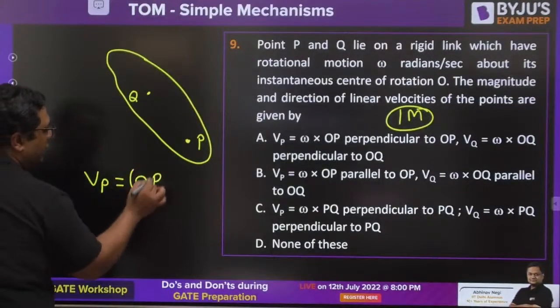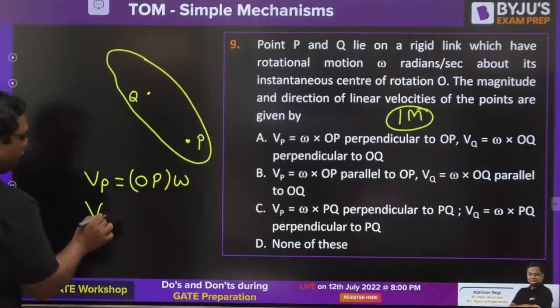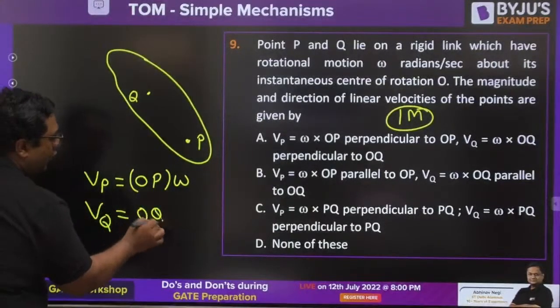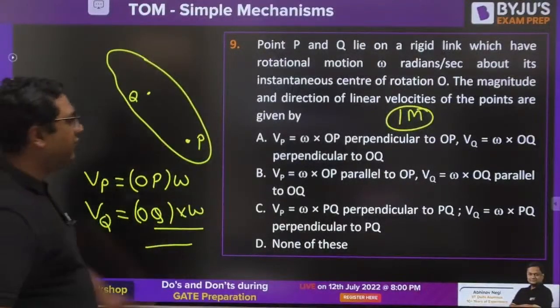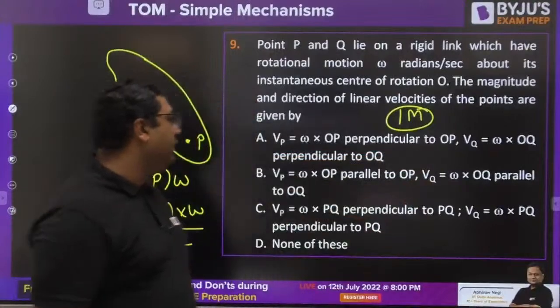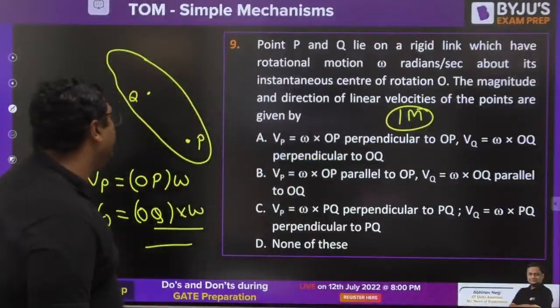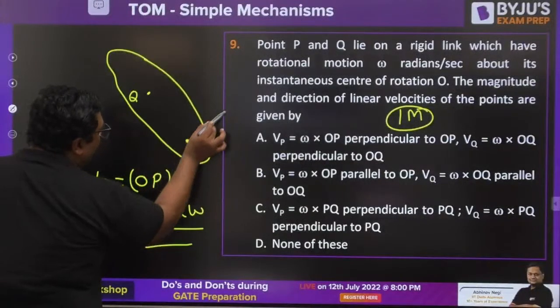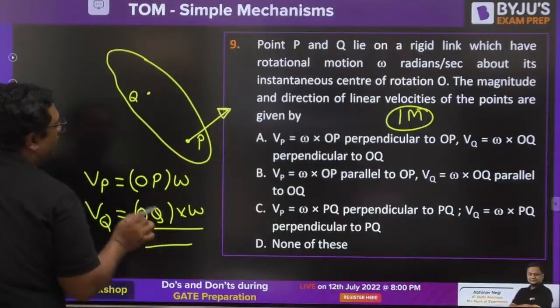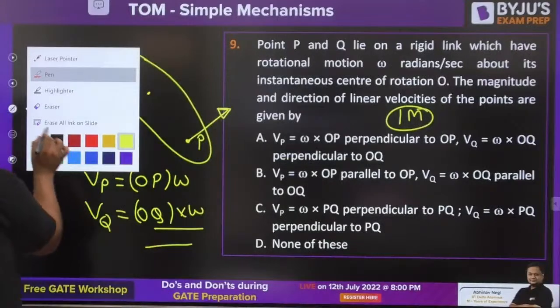Velocity of Q will be OQ into omega. This we have just seen. And velocity is perpendicular to OP, and perpendicular to OQ, because whenever you have an I center, the direction of velocity of P will always be perpendicular to the line joining it to the I center. You know one thing also.